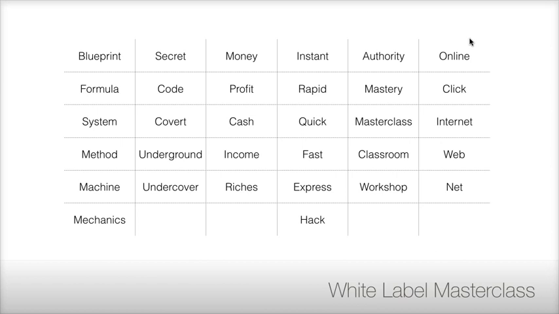If you are talking about the fitness niche, there are totally other words. Maybe things that are similar, like the idea of getting results quickly: instant, rapid, fast, express, and also blueprint, system. This kind of word works, but of course you're not talking about money here.